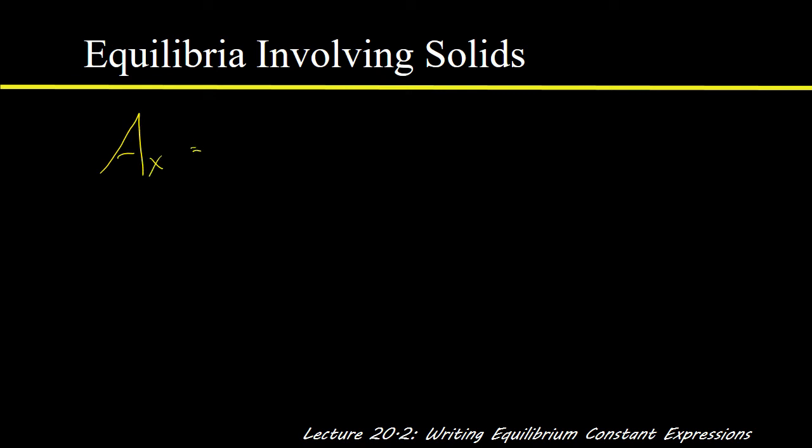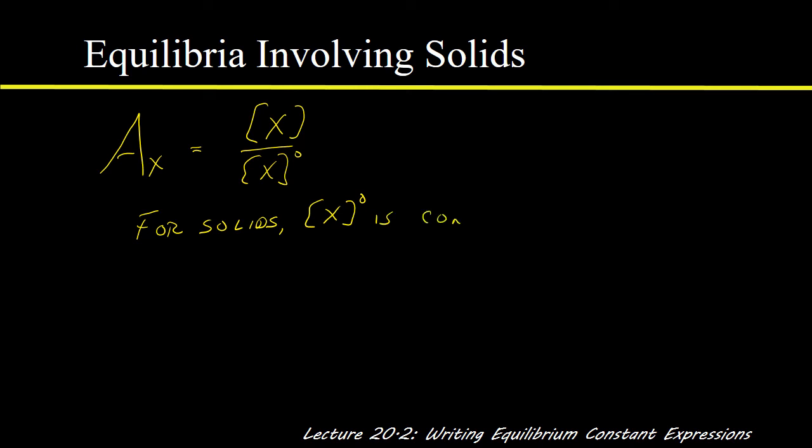Activity of species X is the concentration of X divided by the standard state concentration of X. So for solids, the standard state concentration is just the concentration of the pure solid.